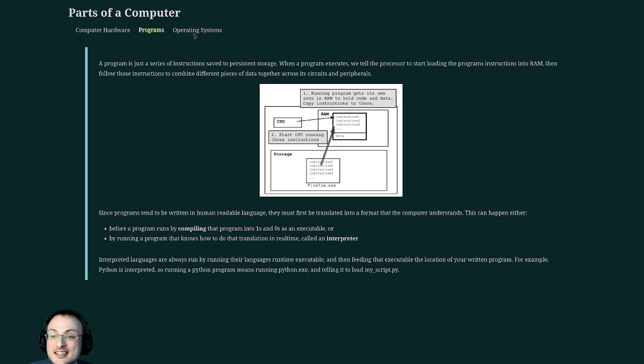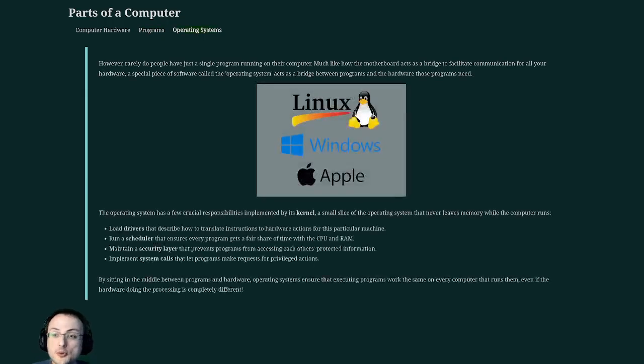And that thing that sits in the middle is what is actually referred to by the term operating system. So an operating system is sort of like the software version of our motherboard. Just like how the motherboard is acting as a bridge that facilitates communication between all your hardware, the operating system is a bridge between all of your running programs and the hardware that those programs need.